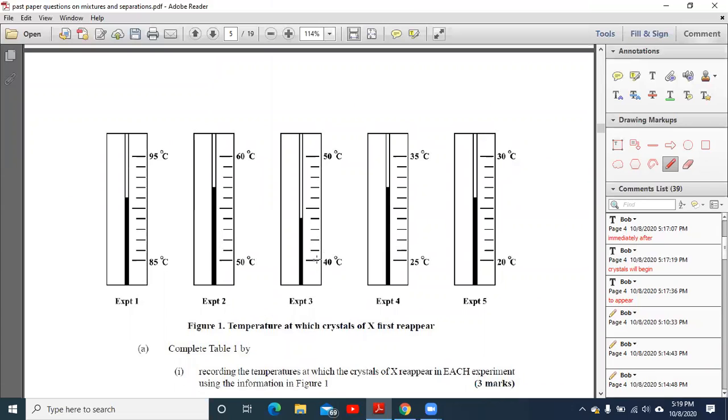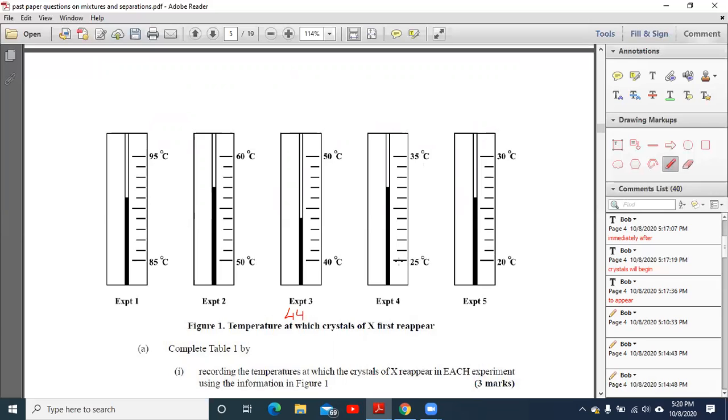Right? So if you're looking at this scale, it goes from 40 to 50. That's 10 degrees between 40 and 50, and they're exactly 10 tiny divisions. So it's simple, each division is 1 degree Celsius. So we have 40, 41, 42, 43, 44. This one, we also have 10 degrees between 25 and 35, so the same amount of divisions.